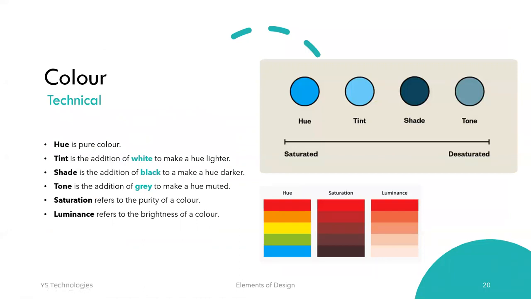Now, let's talk about how to talk about color, how to distinguish between them. There are certain terms which are quite useful when describing colors. Those are the hue, tint, shade, and tone. Hue is a pure color. And that doesn't necessarily mean it's only a primary color.